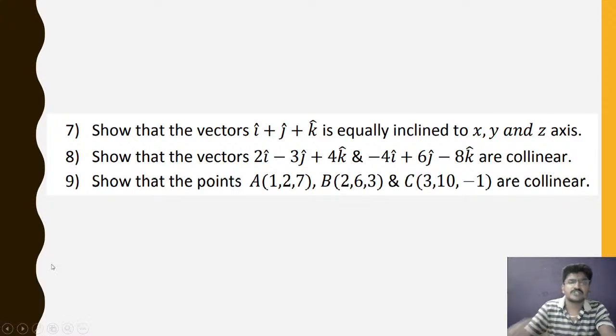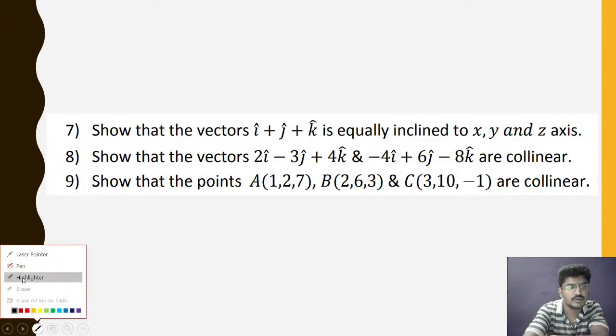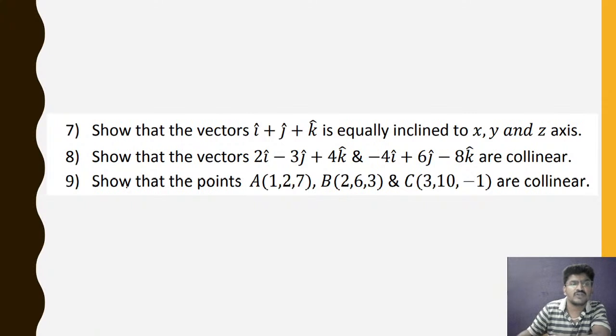Okay, see, I will solve this. First, I will find the AB vector. What is AB vector? OB minus OA.